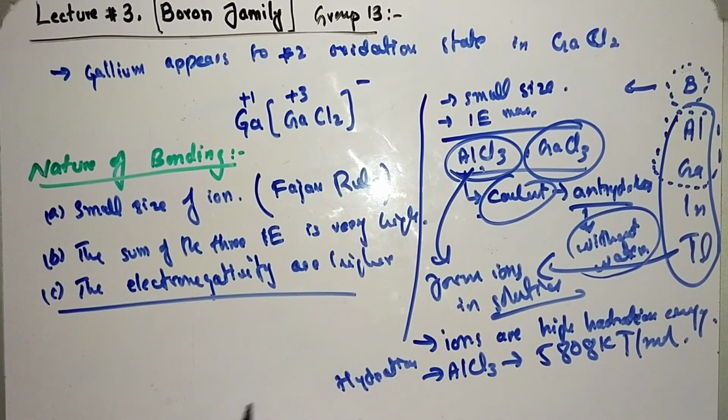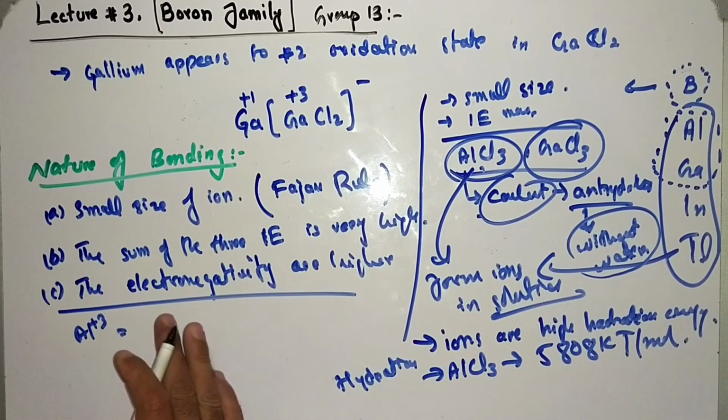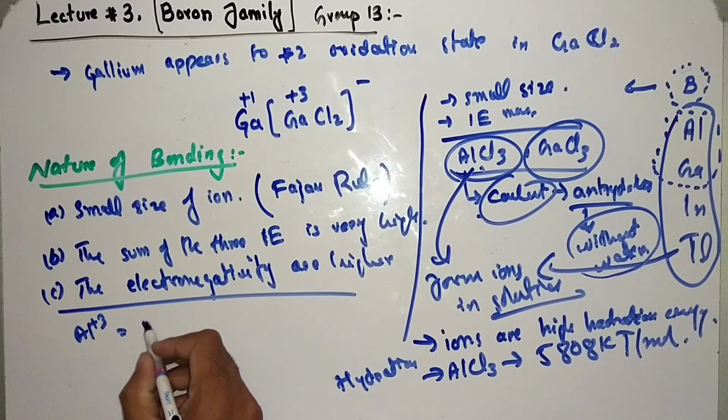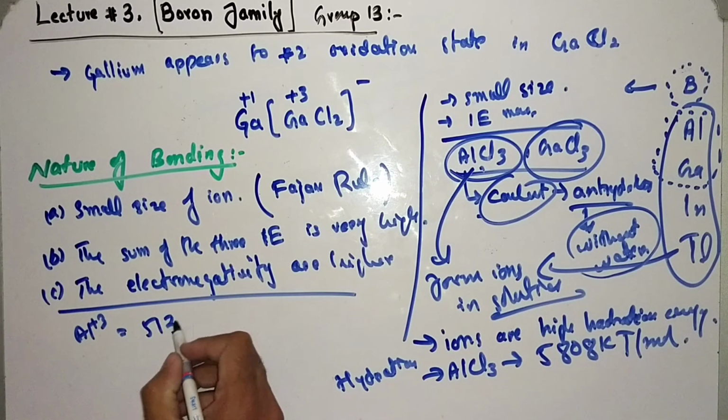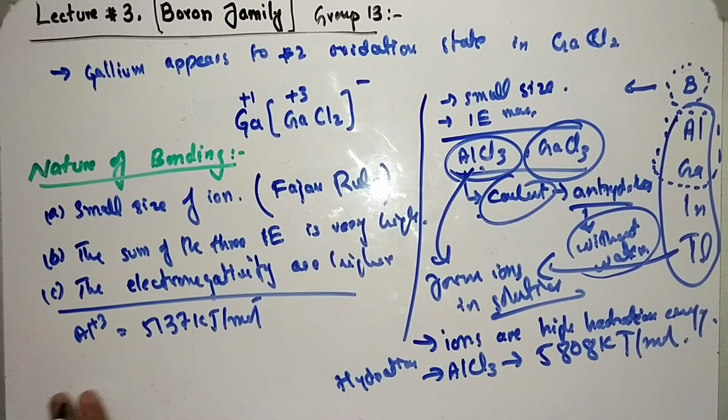But the ionization energy of aluminium in the case of plus 3, the sum of all three ionization energies, is also very high: 5137 kilojoule per mole. This is the ionization energy when three electrons are removed from the aluminium.